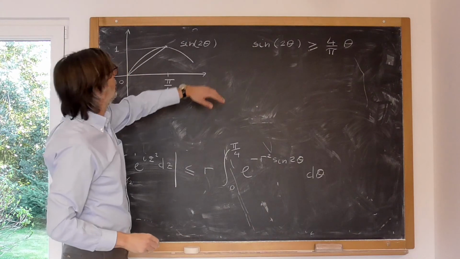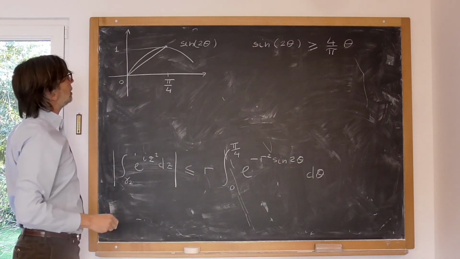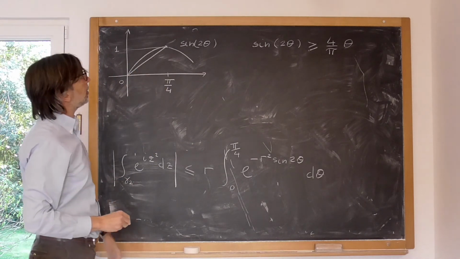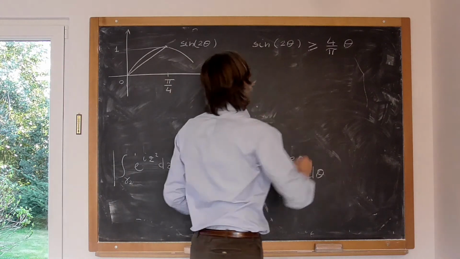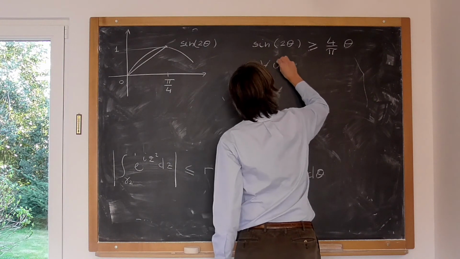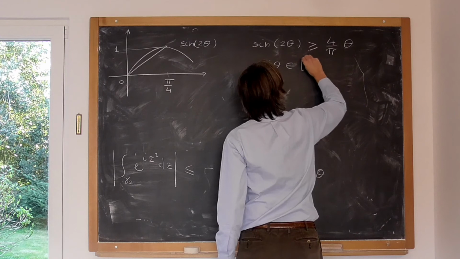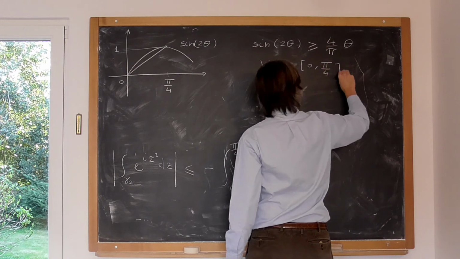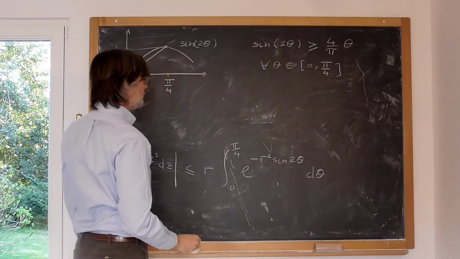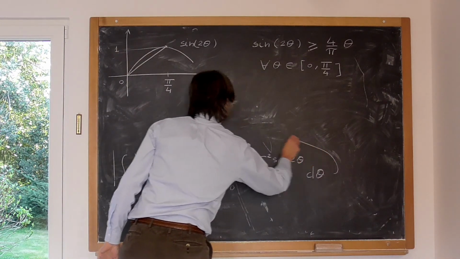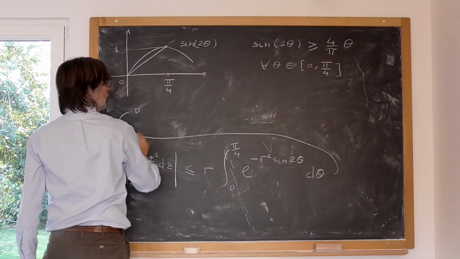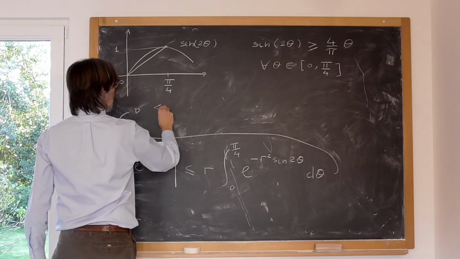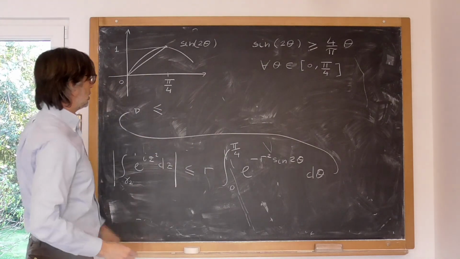From the concavity of the sine function on this interval, we deduce this inequality, which holds for all theta in the interval 0 to pi over 4. Now, thanks to this inequality, we can go on with the estimates.